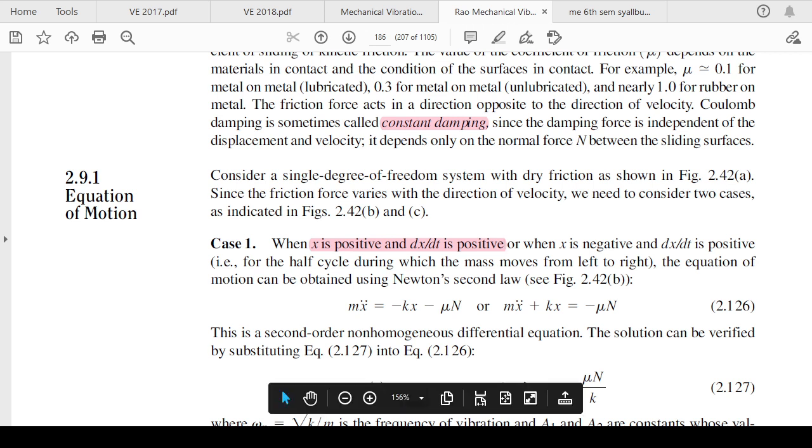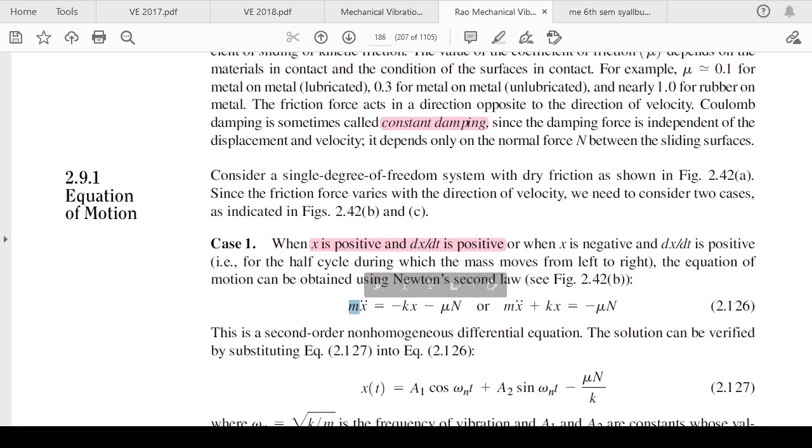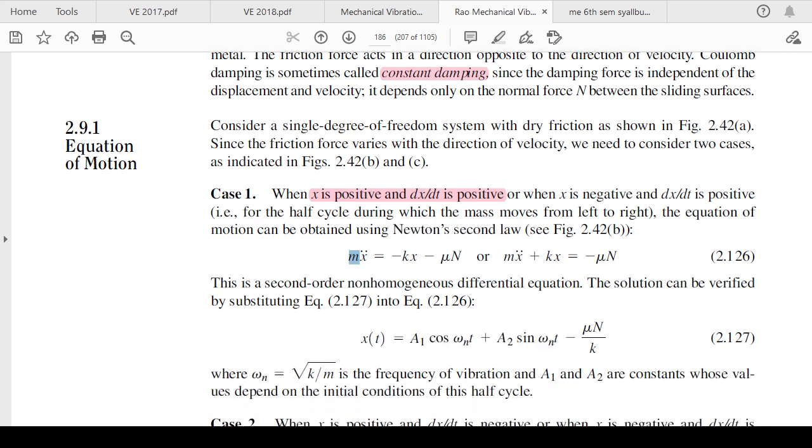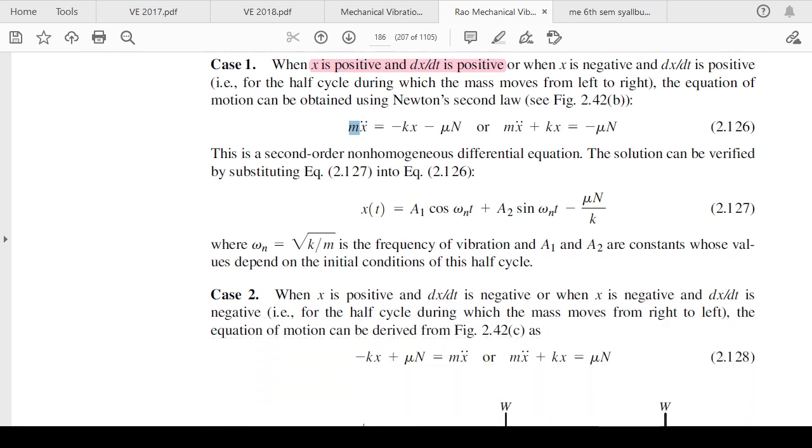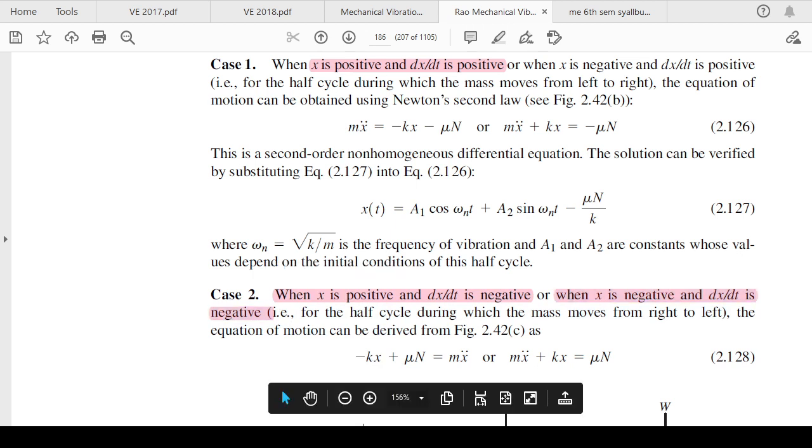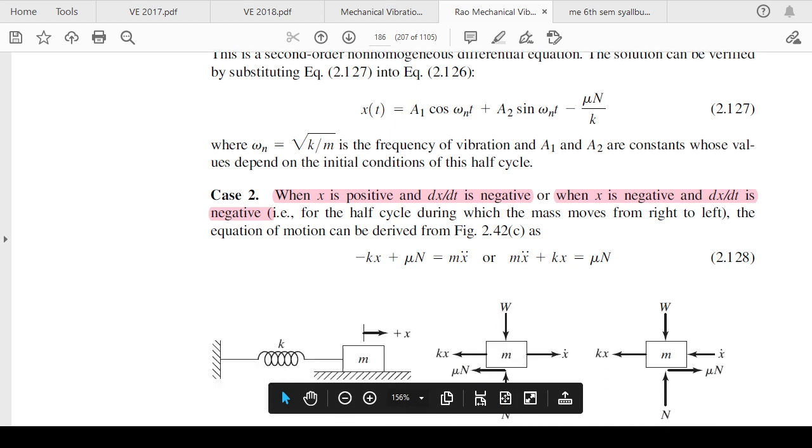For that, m x double dot, the prominent term of our equation of motion, will equal minus mu N. For the second case, when x is positive and dx by dt is negative, or x is negative and dx by dt is also negative, m x double dot will equal positive mu N. So your equation can be rewritten like this.